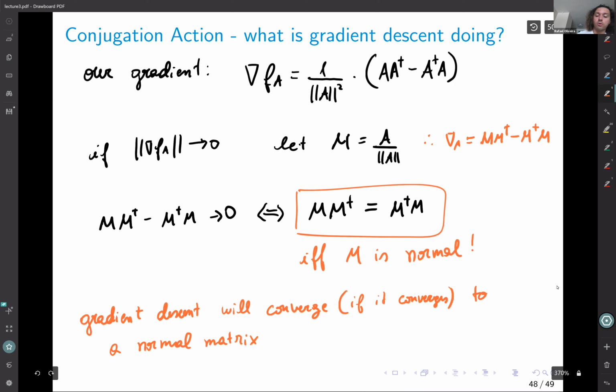But if it converges to a normal matrix, what do we know? By the spectral theorem, it is converging to a diagonalizable matrix.